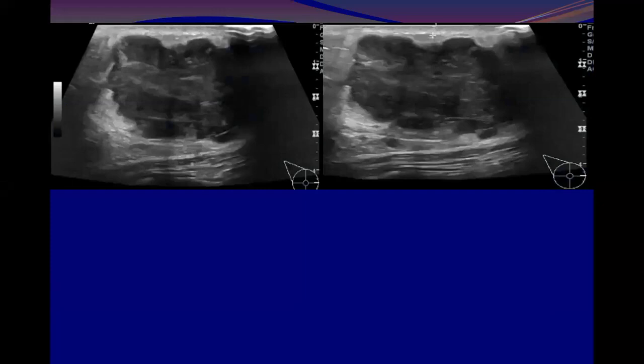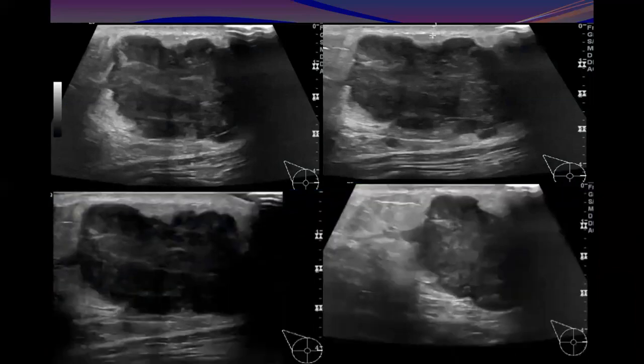Again, this is definitely a suspicious lesion, microlobulated, angulated, and so on, with posterior enhancement, but heterogeneous like that. It's suspicious, but I could say phyllodes tumor or cancer.